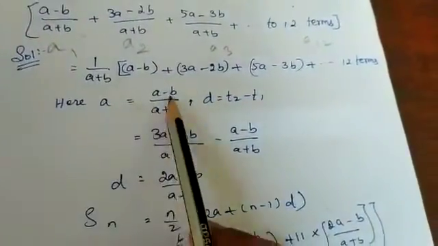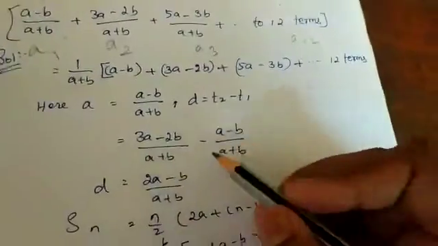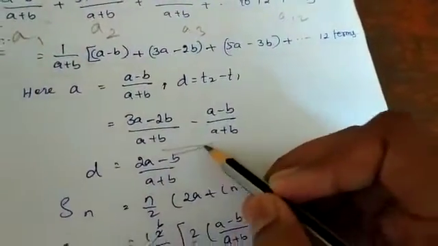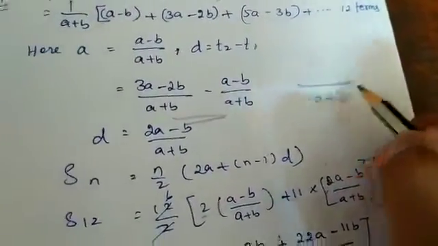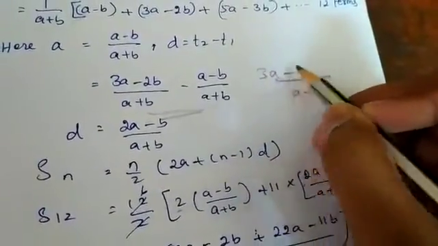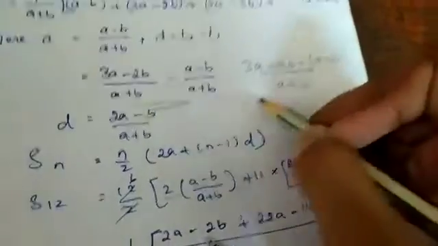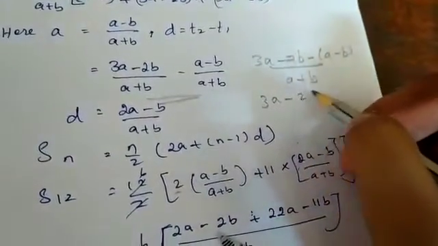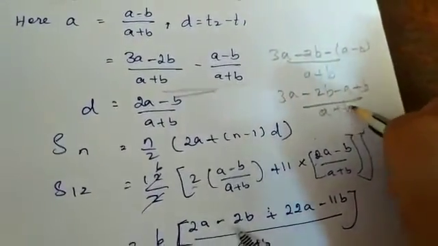Here a equal to a minus b by a plus b and d equal to t2 minus t1. You see, in the common difference the denominator is the same, so we'll take the denominator as it is and just calculate the numerator, which is 3a minus 2b minus of a minus b, that is 3a minus 2b minus a plus b by a plus b.